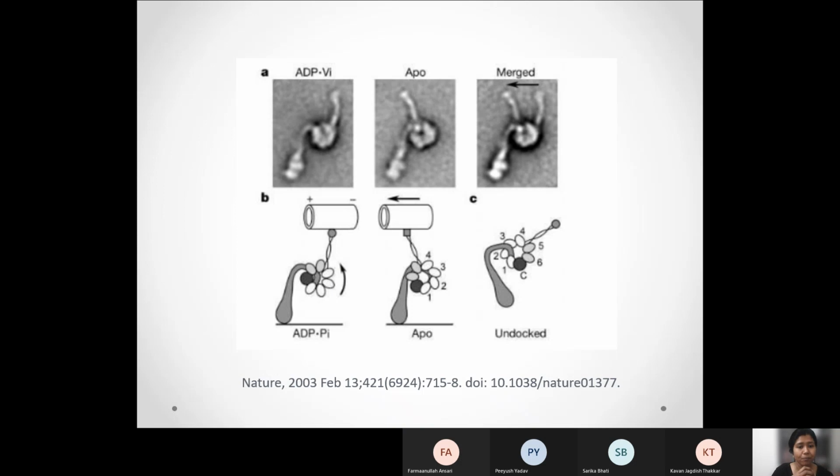Effectively, what it does is it pulls the cargo along, because remember, the cargo is attached to the tail. So if this is the ring and this is the tail, and you change the distance between the tail and the ring, you're effectively pulling along the cargo.